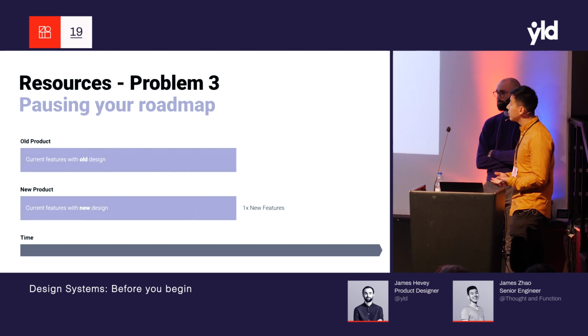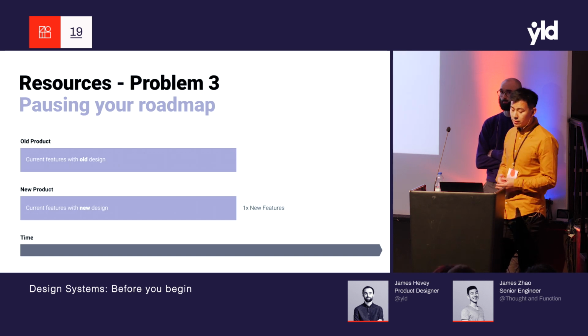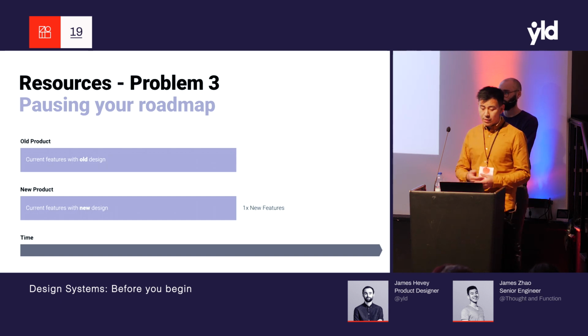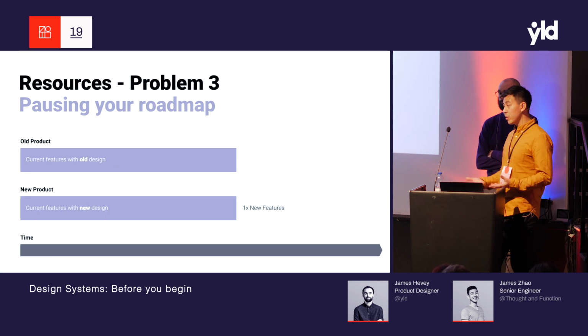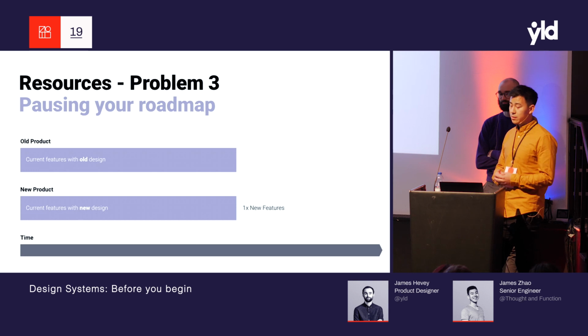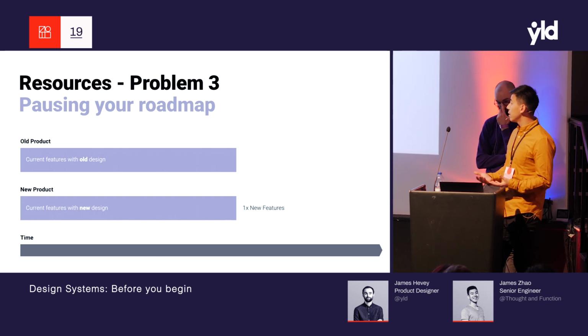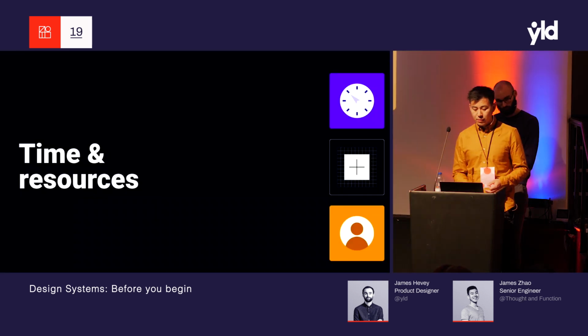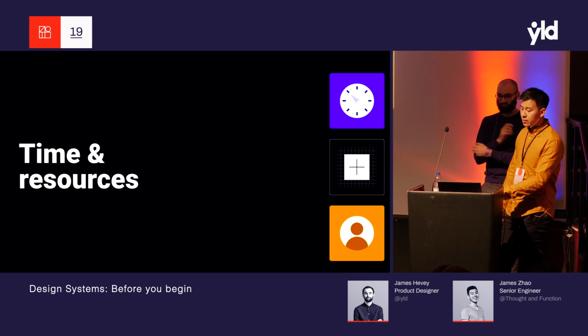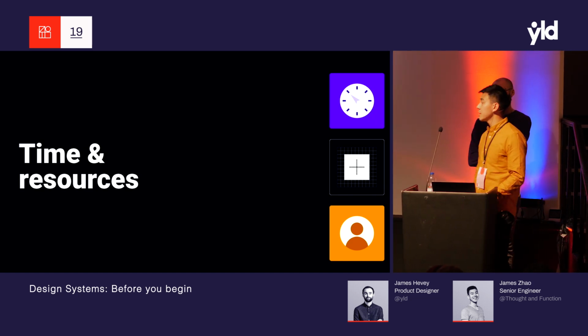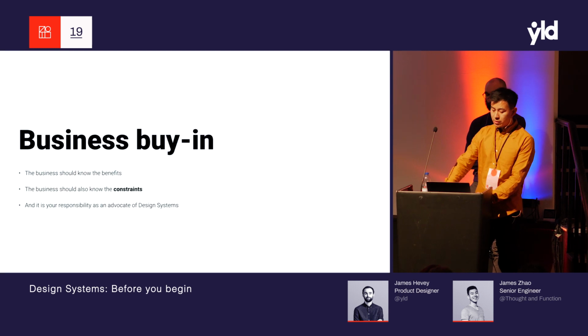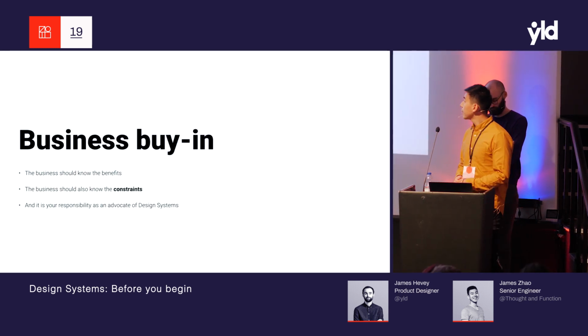So an alternative way is to pause our current roadmap and focus our efforts on the design system. That means we build the features once, but the problem is that you pause your roadmap, so you can't create any releases until you've reached parity with your second version. So in both of these scenarios, I think it's fair to say that we're going to need extra resources and extra time, which brings me to my second point, business buy-in.